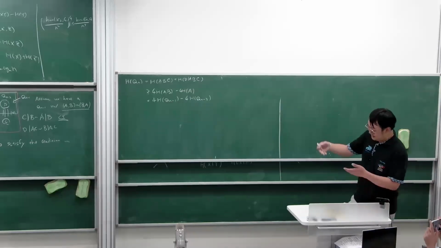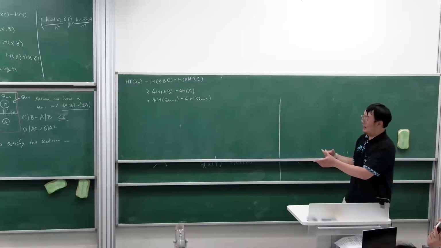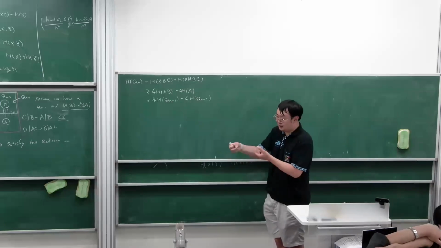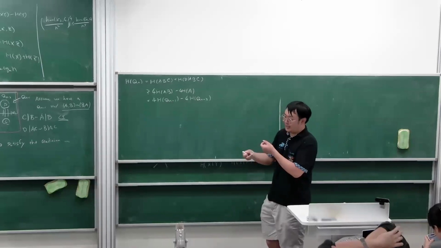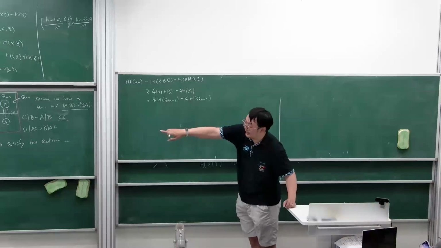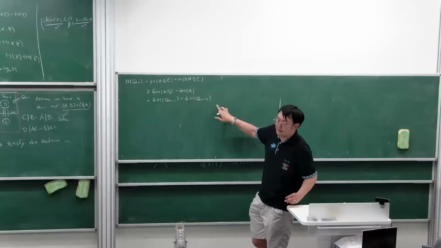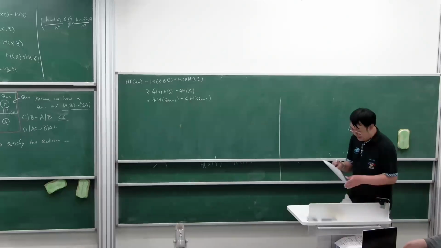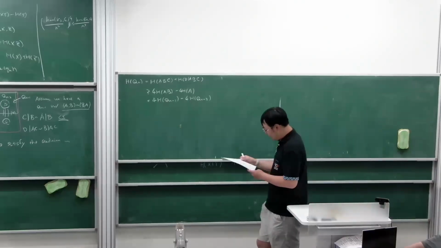So you could do the telescoping sum and cancel these terms and do the recursion, reducing that to the entropy of Q1, which is an edge, versus the entropy of Q0, which is a vertex. So let me just write down all the details here.